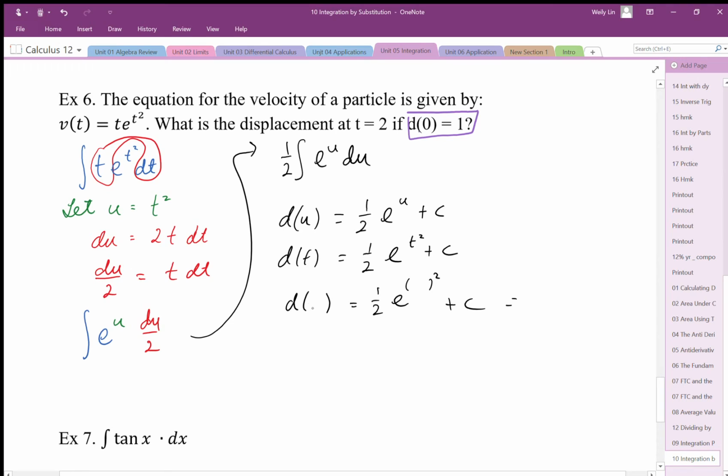When t is 0, I plug in 0, and it should be equal to 1. Working that out, 1/2 plus c equals 1. Solving that equation, I get c equals 1/2.